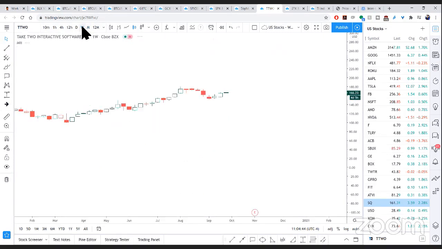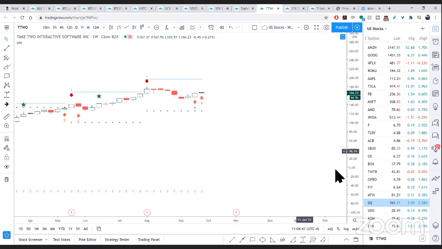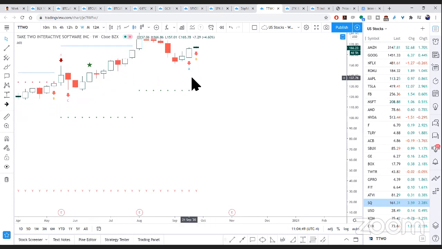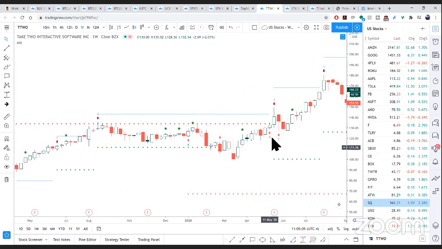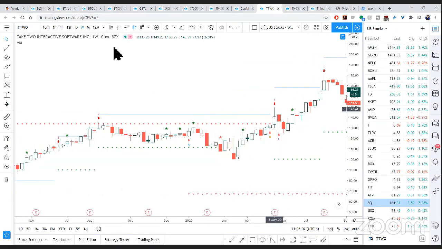Monthly, it's bullish. Weekly, it's neutral. I would be careful. Still the high coming in right there. Weekly MRI top. We have the extensions A and B ending. C still incoming. So this C is coming from all the way back here.